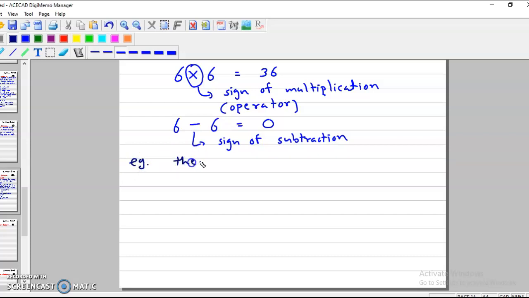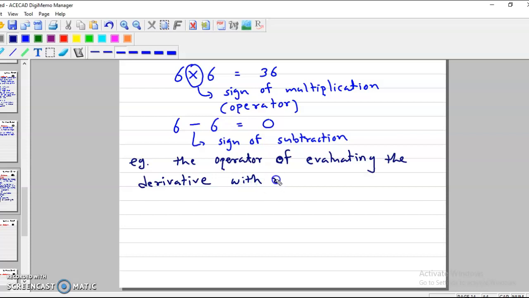For example, the operator of evaluating the derivative with respect to x is represented by the symbol del by del x.